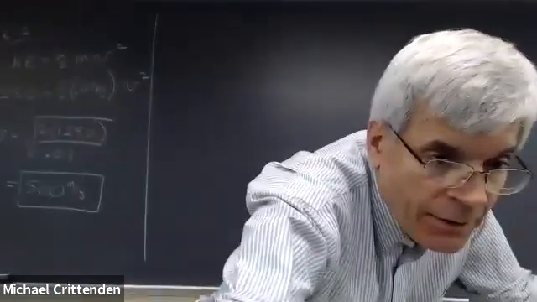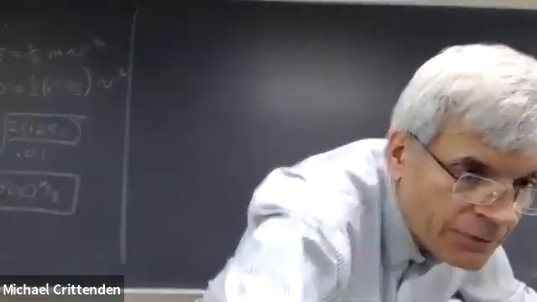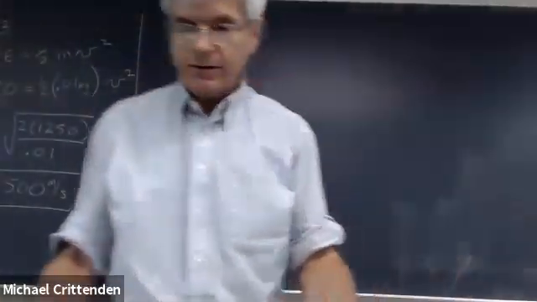Anytime you use energy methods to solve a problem, the thing you start with, the jumping off point, is the work energy theorem, like it says farther up the page.